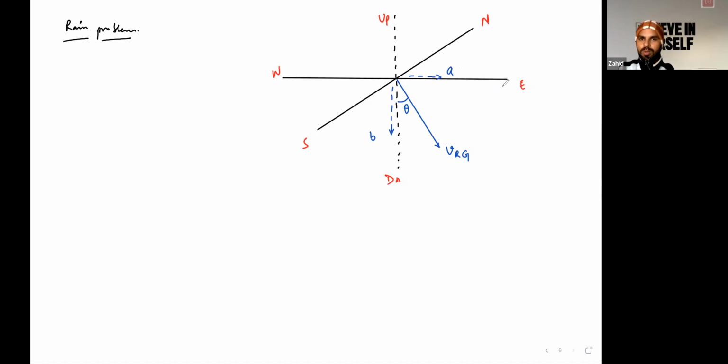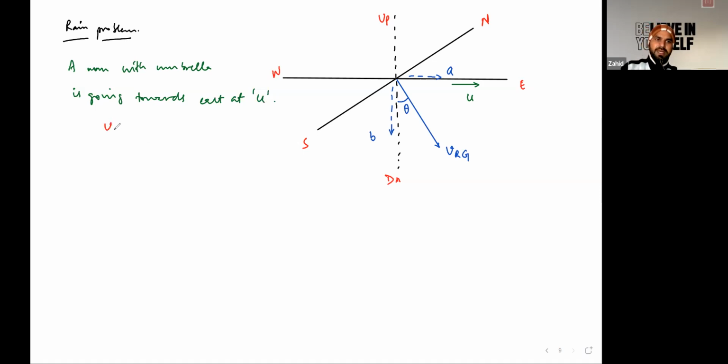A man holding an umbrella is going along east at some velocity u. So let's say a man with an umbrella is going towards east at u on a rainy day.